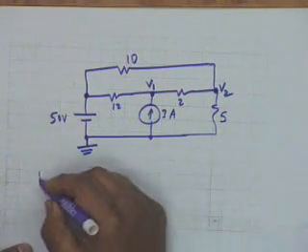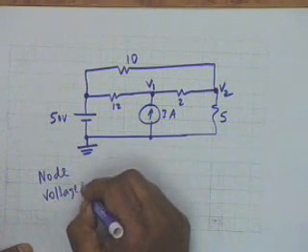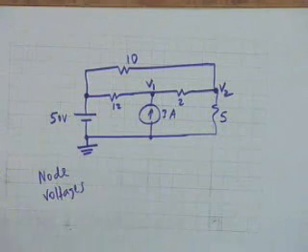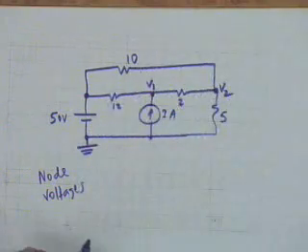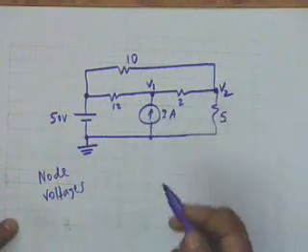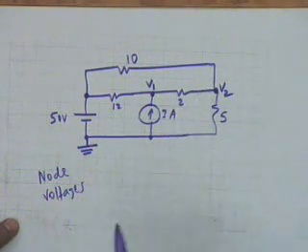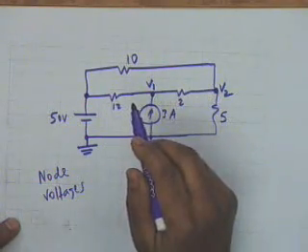Instead of loop currents or branch currents, we solve for node voltages, and we apply basically KCL here. We don't apply KVL because we are not going round a loop. To be able to apply KCL, and since we are solving only for V1 and V2, we need to write only two node equations.